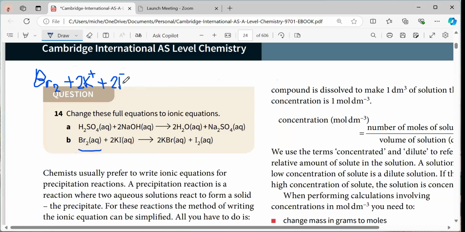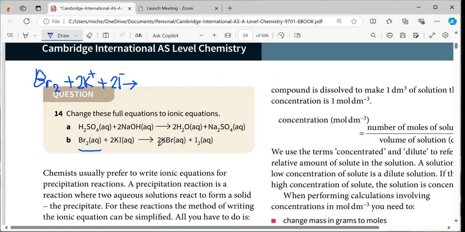So we're on to the right side now. For the right side we have potassium bromide.